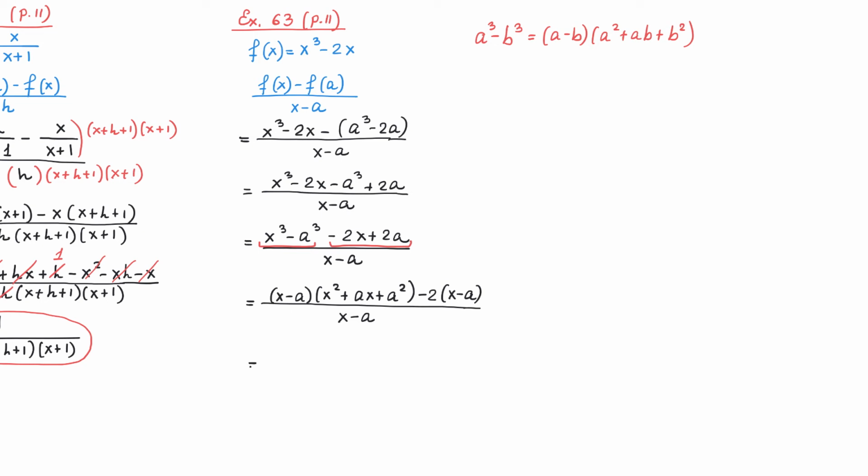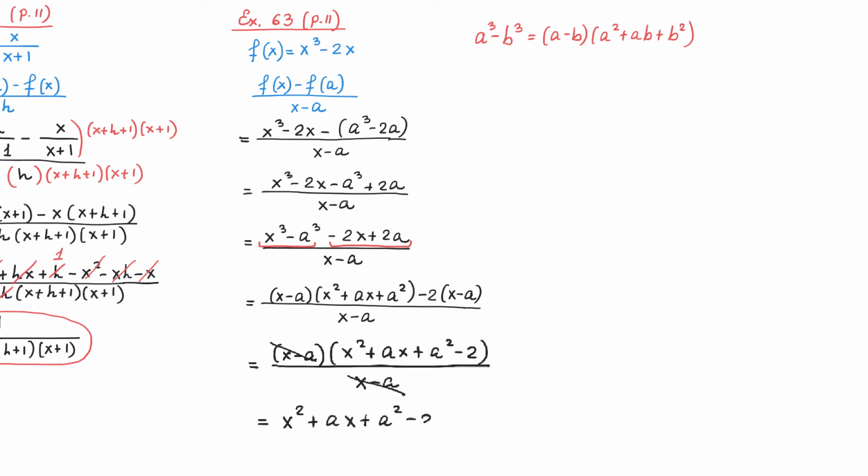We will factor it out, x minus a, then in parentheses we will have x squared plus ax plus a squared minus 2, all over x minus a. And now x minus a will cancel, and the final result will be x squared plus ax plus a squared minus 2.